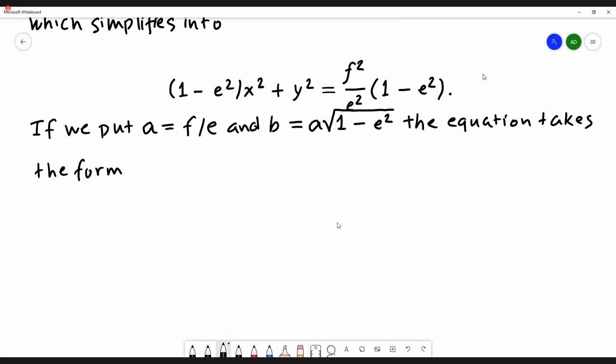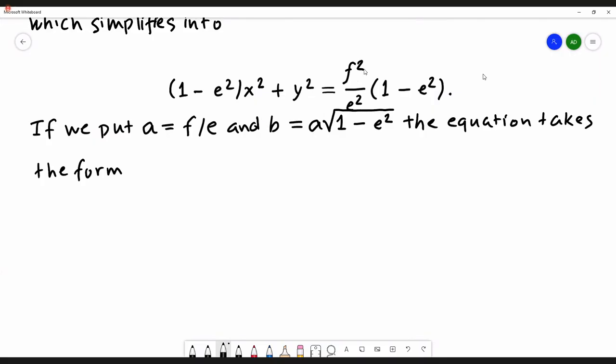Now in this equation, if you divide everything by the right hand side, namely f squared over e squared times 1 minus e squared, the 1 minus e squared will cancel, and we will have x squared over f squared over e squared.